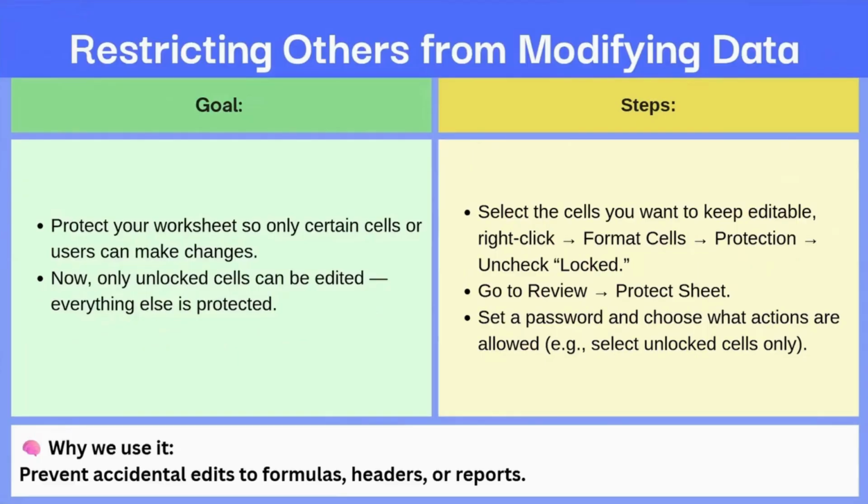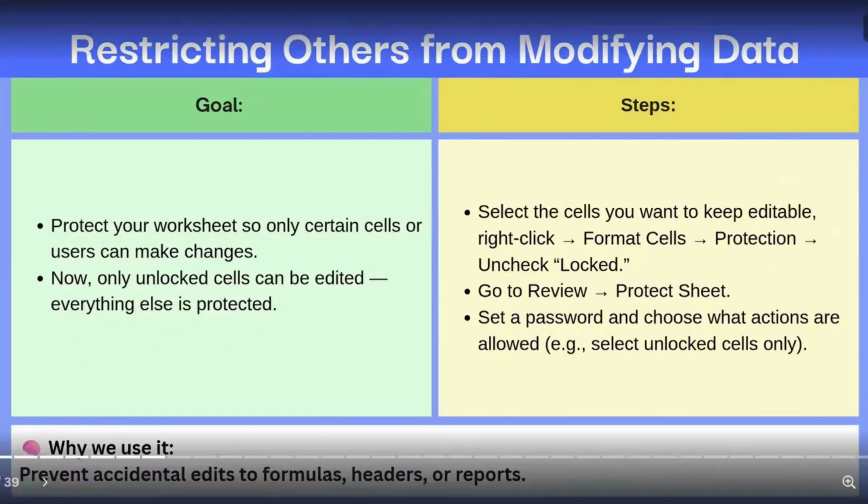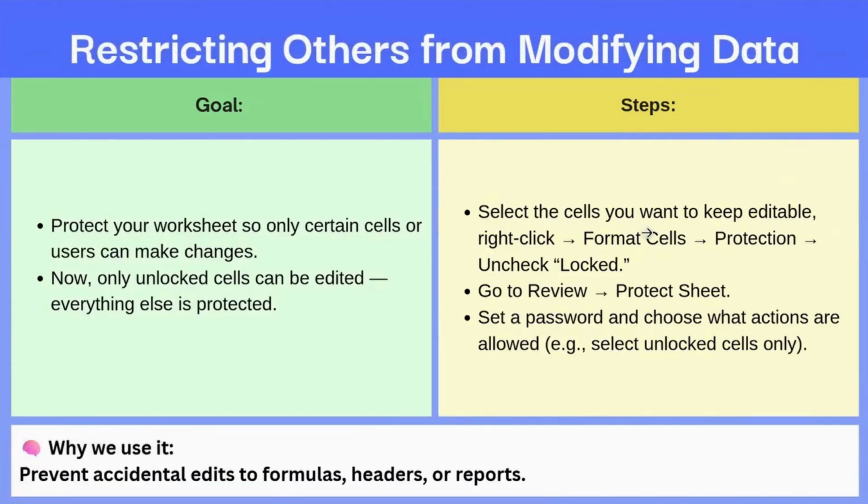You can also restrict others from modifying your data, reports, or dashboards by simply protecting that particular cell in that worksheet. This prevents accidental edits by someone who is new in your team or someone who is not familiar with your spreadsheet or dashboard. You can go to Review, protect the entire sheet, and then select the cells you want to keep editable.